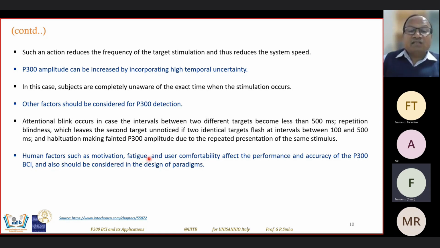If a person is tired, feeling fatigue, user comfort has to be there to work on the BCI system. All these factors affect the performance and accuracy of the P300 BCI, and are therefore considered in the design of the paradigm. So when you design, all these technical and non-technical factors are considered while designing the P300 BCI.